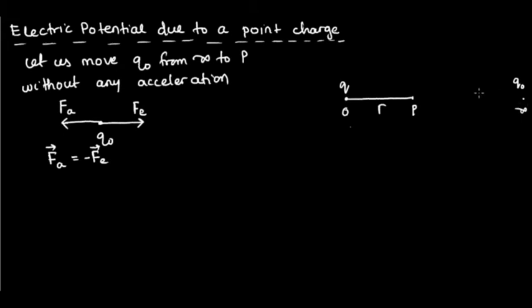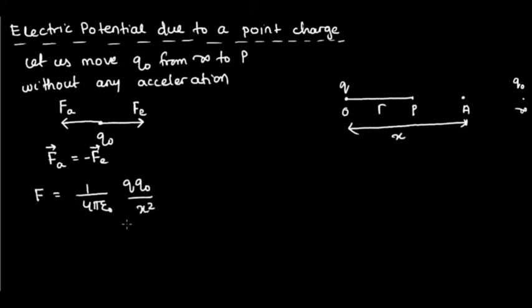Suppose during its journey at a certain instant of time, the test charge Q naught is at this point. This is point A. And suppose the point A is at a distance x from the charge Q. So at this position, what is the electrostatic force acting on it? The force is 1 by 4 pi epsilon naught Q into Q naught by x square.